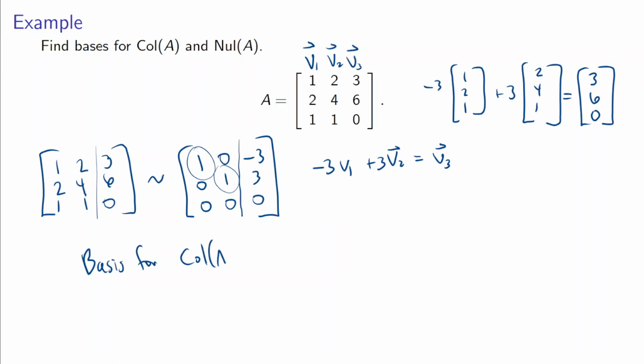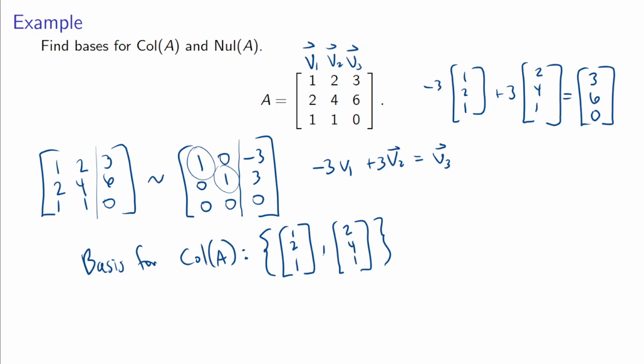for col A is going to be the set consisting of just the first two columns, 1, 2, 1, and 2, 4, 1. We want to eliminate that third column since it is a linear combination of the first two. So the set of all three is not linearly independent, but just the first two is.